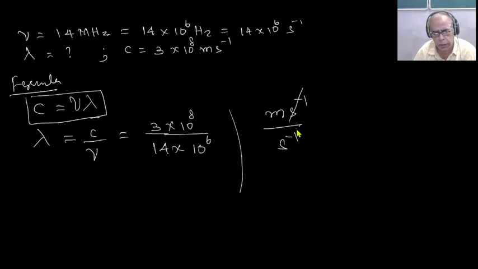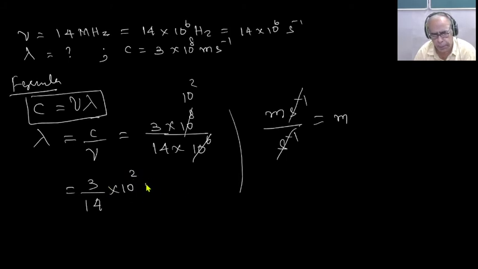Now strike out the seconds, so you will get the value in meter. 10 power 6 and 10 power 8 gives 10 power 2. So the answer is 3 by 14 into 10 squared meter. You can further solve it and get the answer, that is 21.4 meter.